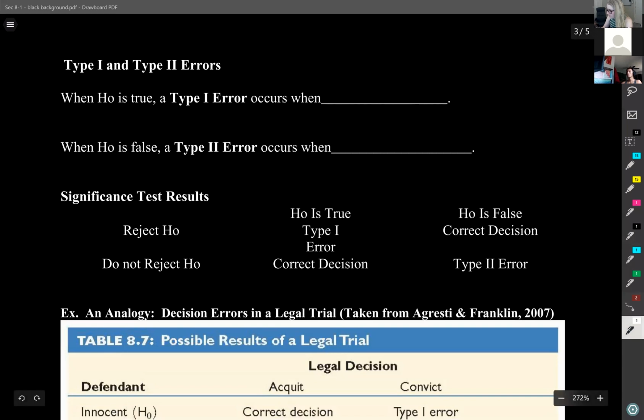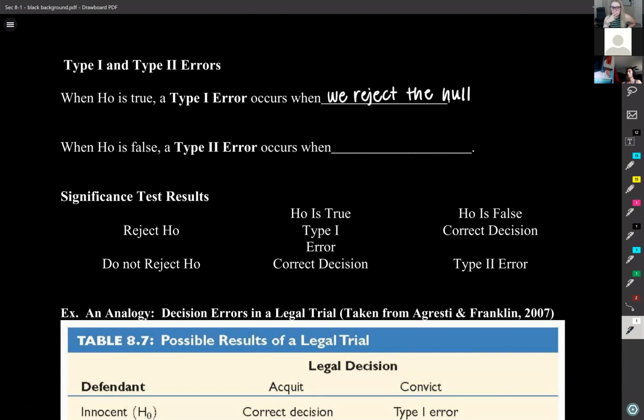So let me write that down. When we reject. Okay, so this happens when the null is actually true, but we reject it. So that's an error because the null was actually true, but we said we gathered enough evidence to reject it. So that's definitely a problem.